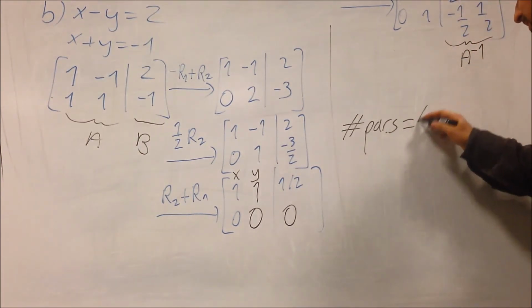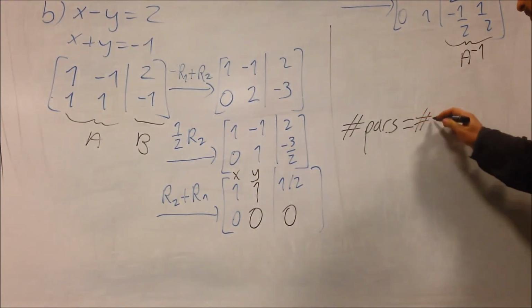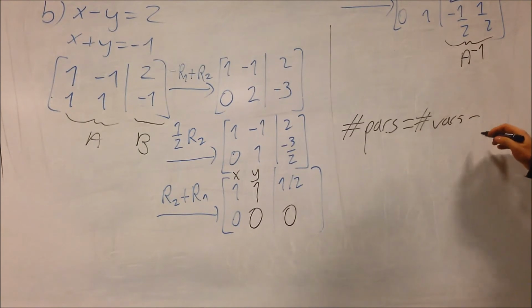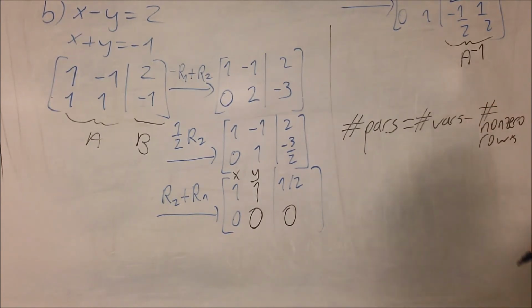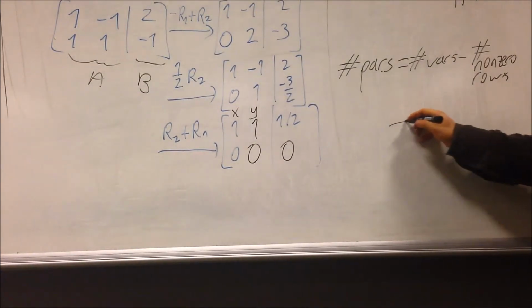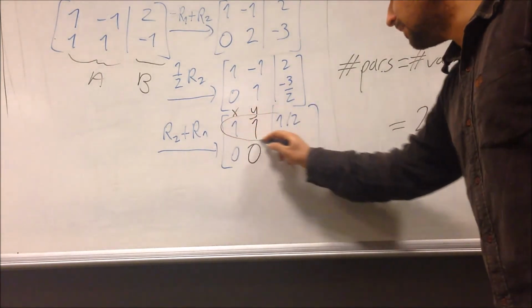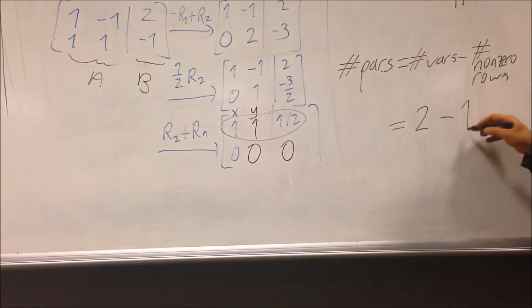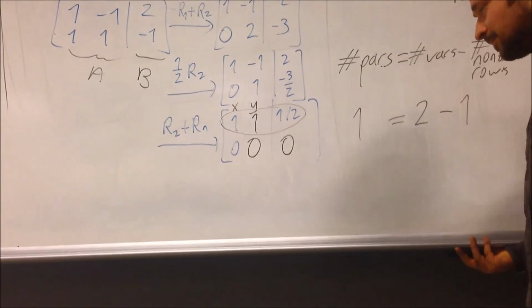Now the number of parameters is the number of variables minus the number of non-zero rows after reduction. In our case, indeed we have 2 variables and only 1 non-zero row after reduction. So we have 1 parameter.